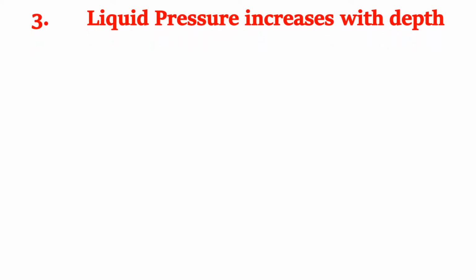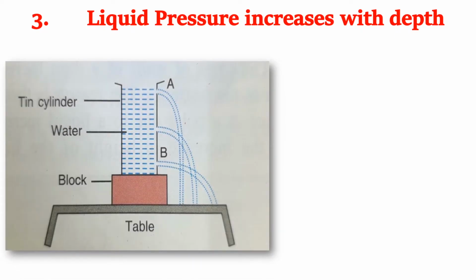The third characteristic feature is liquid pressure increases with depth. For this, we will do one more activity to understand this feature. We will take an empty tin cylinder, make two holes in it, and mark them as A and B, near the top and near the bottom. Now we will close the holes A and B with adhesive tape.